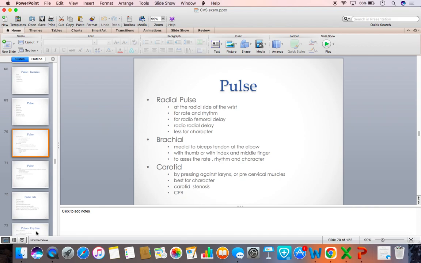Radial delay: when you examine the radial pulse on both hands, they are equally felt. When one is delayed, it indicates the presence of coarctation of the aorta. Usually the right side is felt normally and the left side is delayed in coarctation of the aorta.